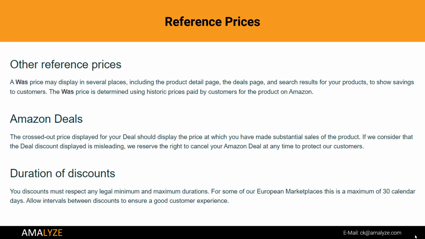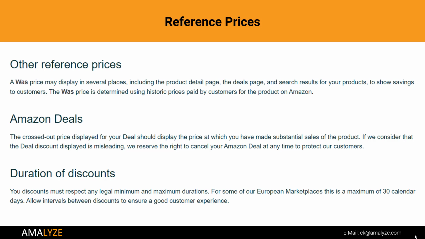Then we have the Amazon deals. The crossed-out price display for your deal should display the price at which you have made substantial sales of a product. If we consider that the deal discount displayed is misleading, we reserve the right to cancel your Amazon deal at any time to protect our customers.